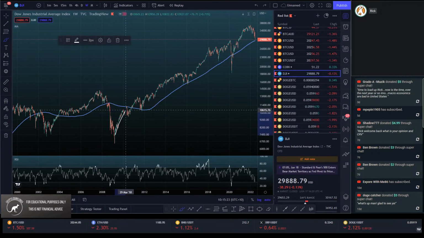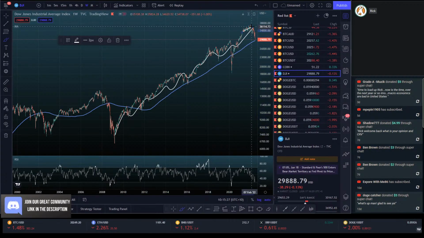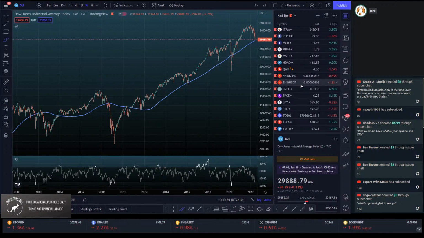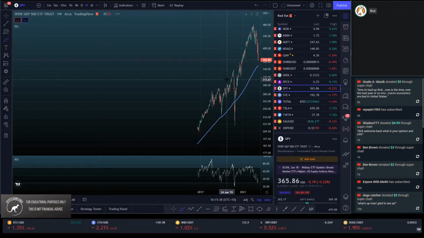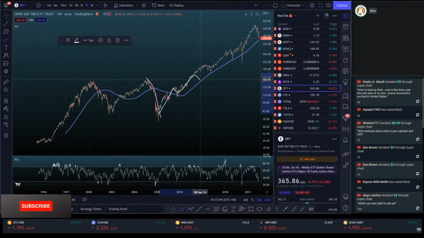Ever since then, markets have just been propped up, and there's been this huge appreciation of value in the markets. So not only the Dow Jones, but the S&P, the SPY, same thing. They look all very similar. You get this 2008 drop and then a huge bull run off that.